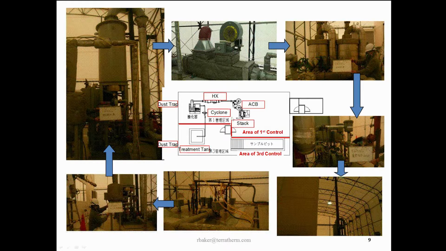That was conveyed then into the room where the treatment equipment was. As I mentioned, a flameless thermal oxidizer, heat exchanger, activated carbon beds, and the stack. And those can be seen. Here's the thermal oxidizer in the upper left, the heat exchanger, the carbon vessels, the blowers, and the stack going up through the ceiling of this building.